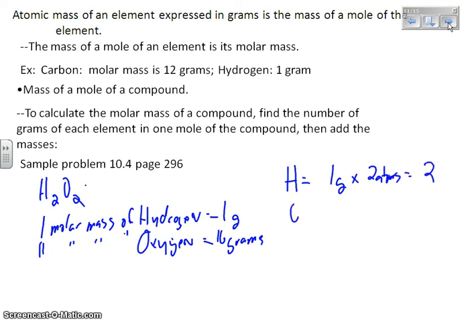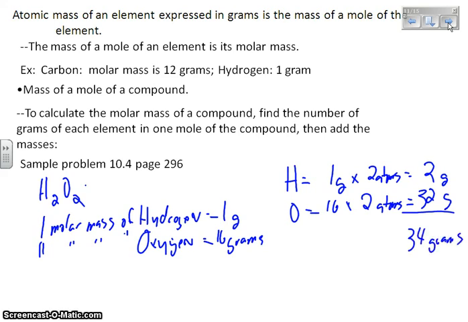Oxygen, we have 16 grams times 2 atoms. So 16 times 2 is 32. You add those up, and we get 34 grams. So the molar mass of a molecule of H2O2 is 34 grams.